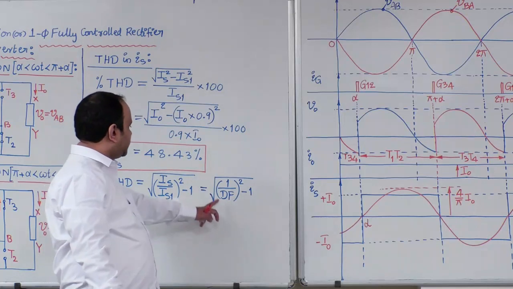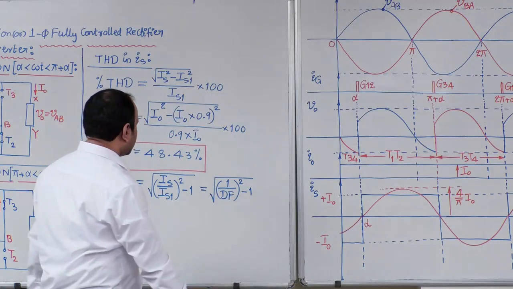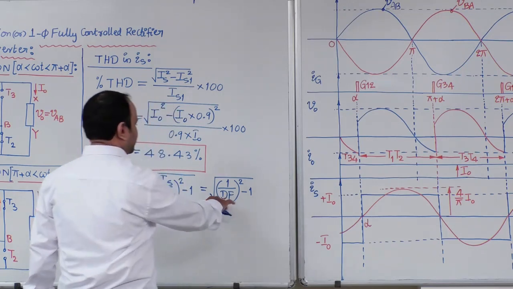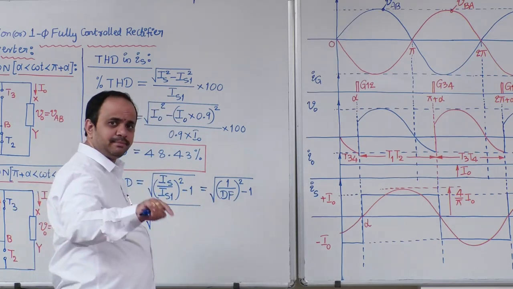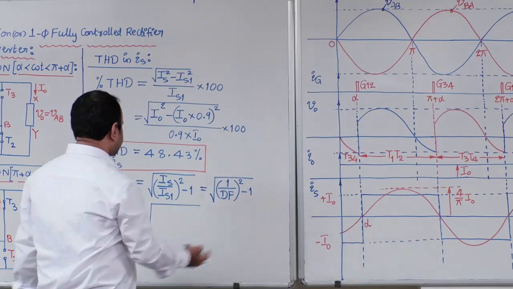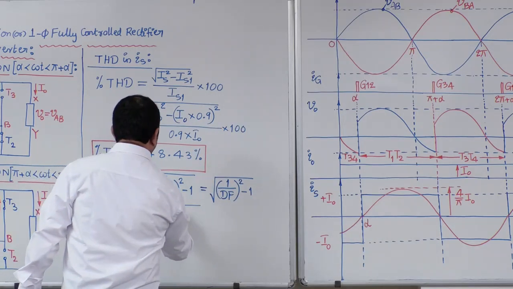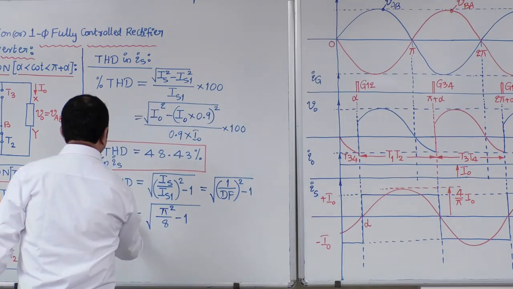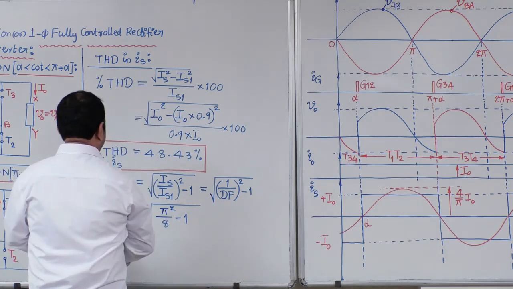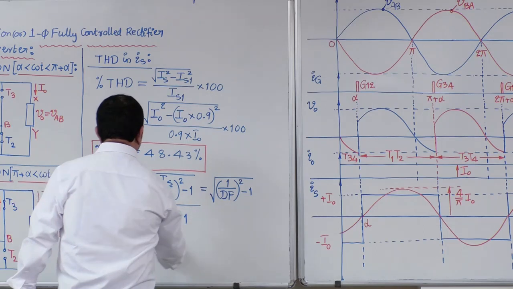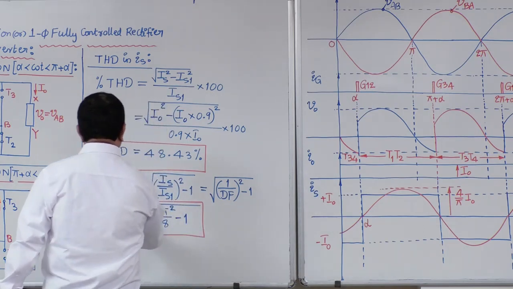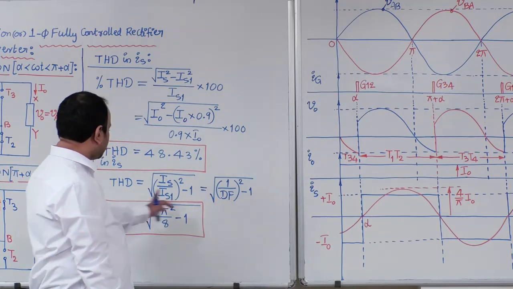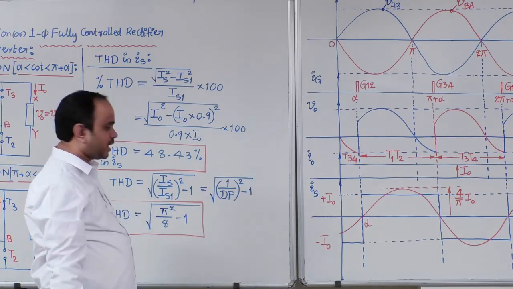Now if you substitute df, which we got as 2 root 2 by pi, take the reciprocal and square it, then you get pi square divided by 8 minus 1. THD is equal to the root of pi square by 8 minus 1. This is about THD.